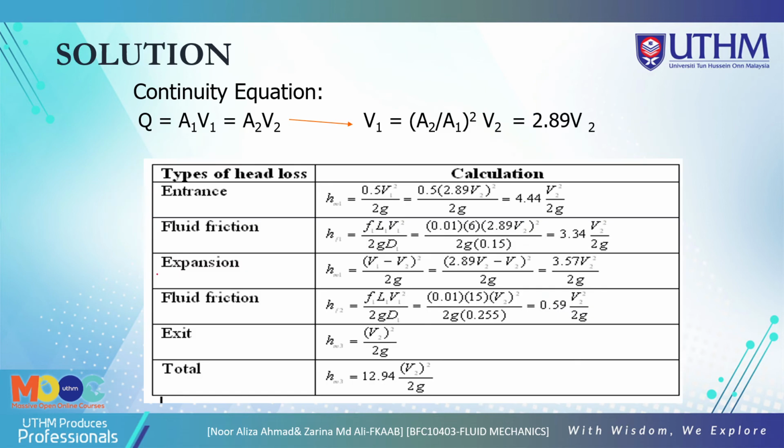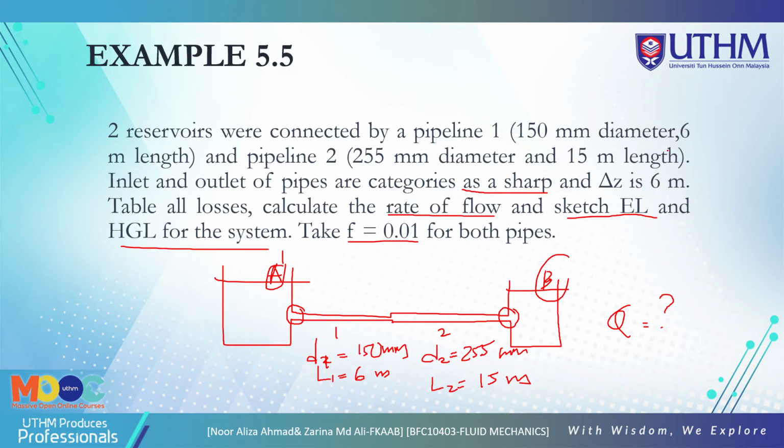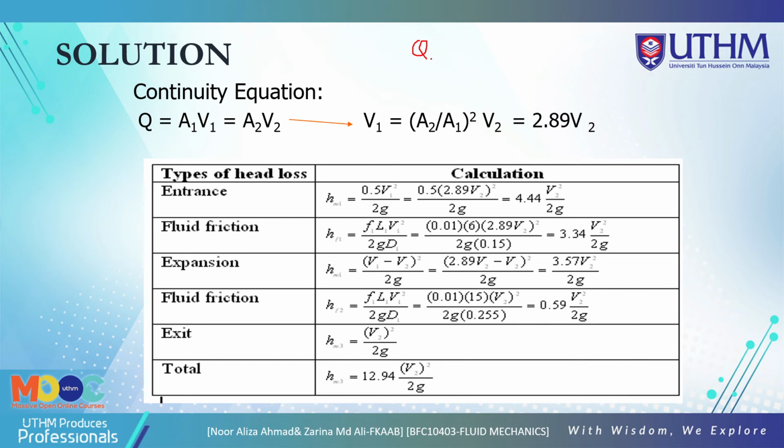Okay, so now we look at the solution here. Solution using the continuity equation. So we know that using the concept here, based on Q1 is Q2 is Q3. So total Q1 is equal to Q2, based on the basic concept of pipes in series.